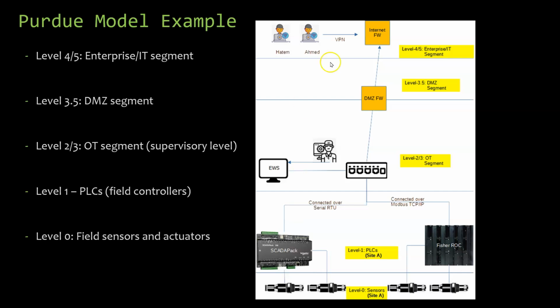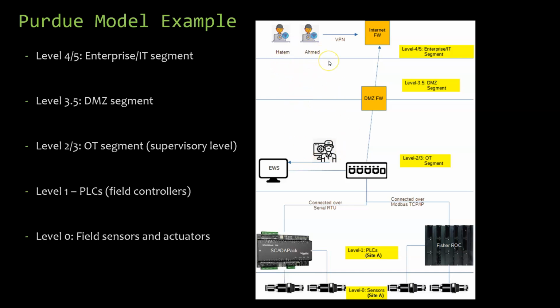So for example, Hatim is the vendor, Ahmed is the customer. Ahmed can access the engineering workstation and then invite Hatim through session collaboration to join, and I can control the transaction of Ahmed separately from Hatim's transaction.